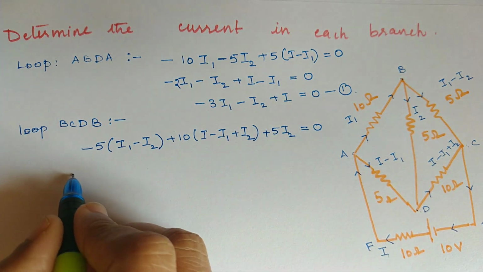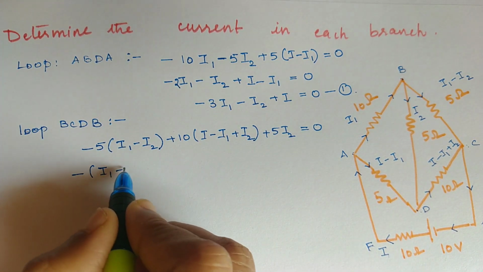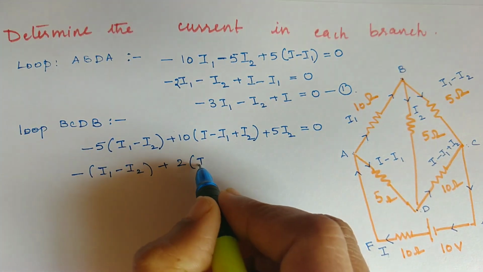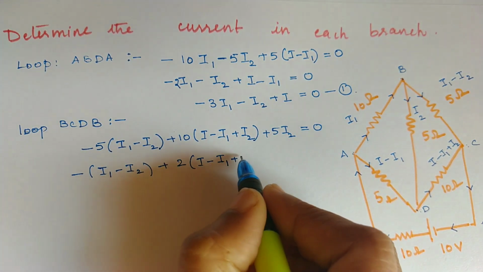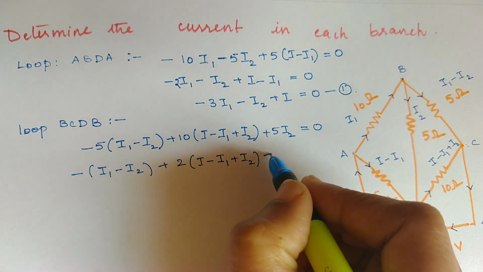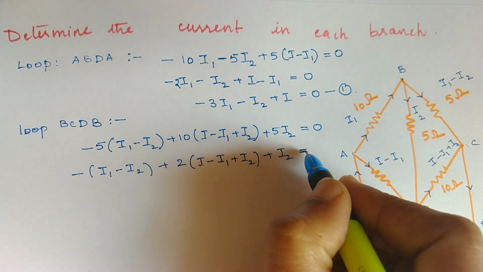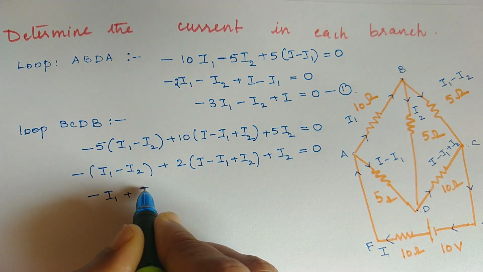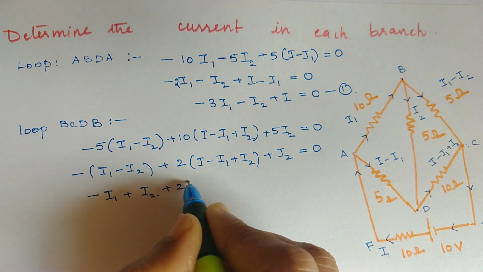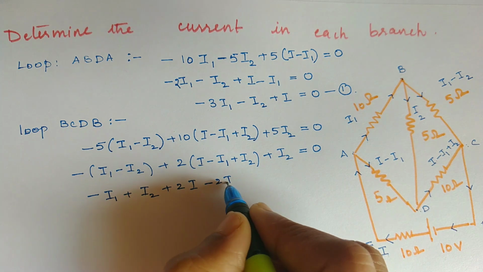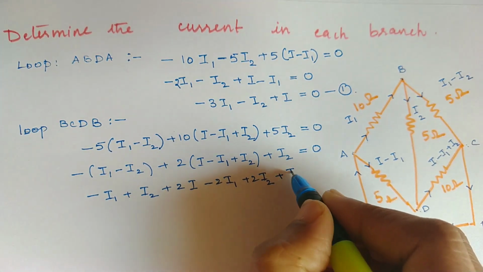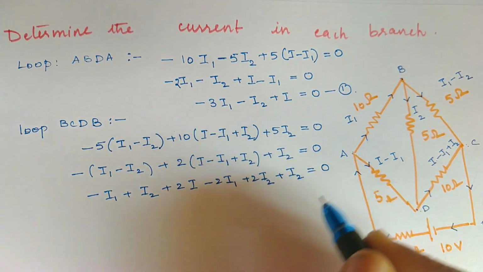If I remove 5, minus of I1 minus I2 plus 2 into I minus I1 plus I2 plus I2 equals to 0. Solve it. Minus I1 plus I2, 2I minus 2I1 plus 2I2 plus I2 should be 0.